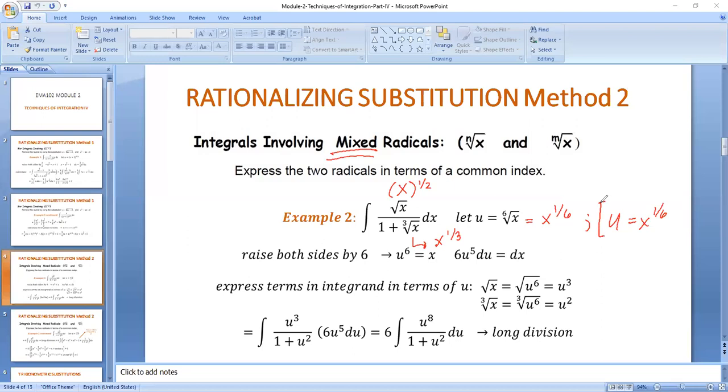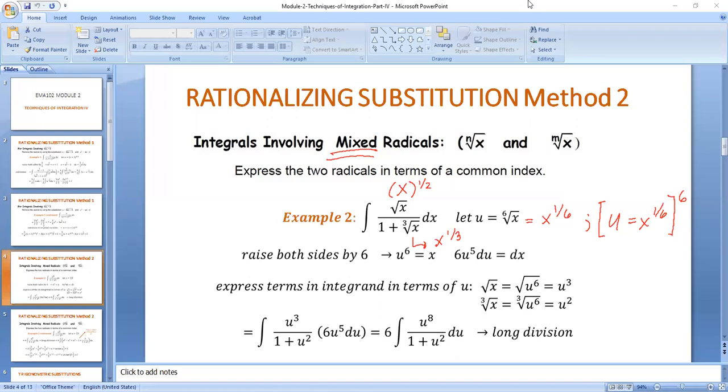So what is the rule in method 1? Raise your substitution equation equivalent to the reciprocal of the exponent of your variable. Since this is 1/6, you raise it to 6. That's the reason why you have here u raised to 6 equal to x. You get it?